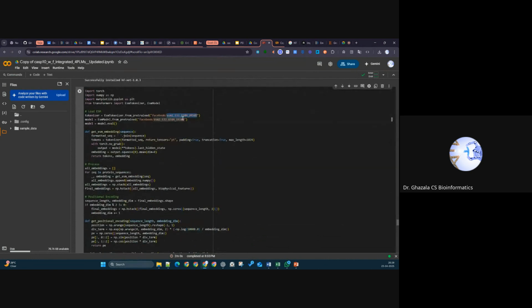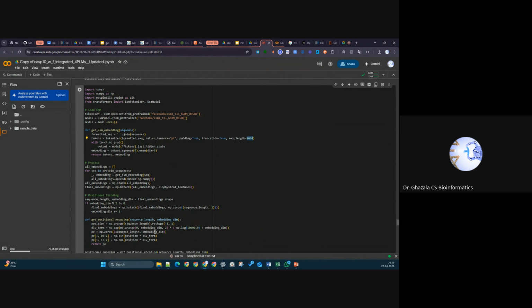Depending on the layers, there are different versions of ESM2. So remember this for the maximum length, because last time I mentioned in the session that one was having 2048, double this length. When I was using that, it was not generating proper results.